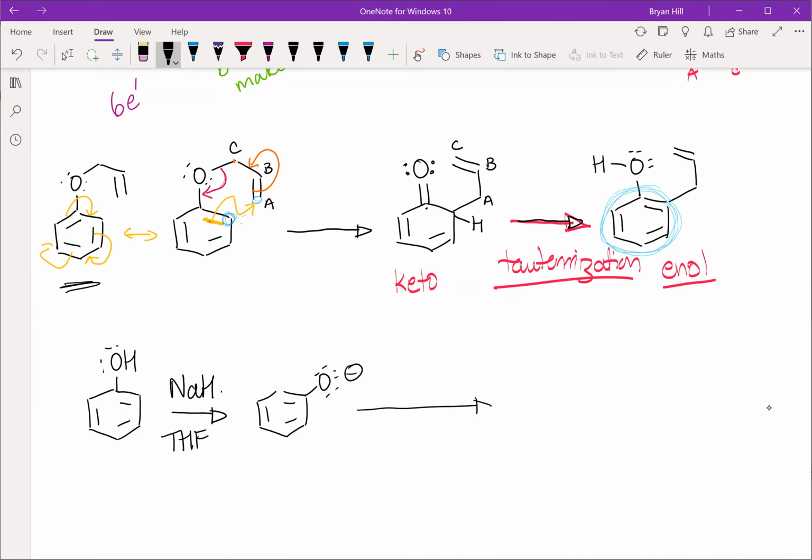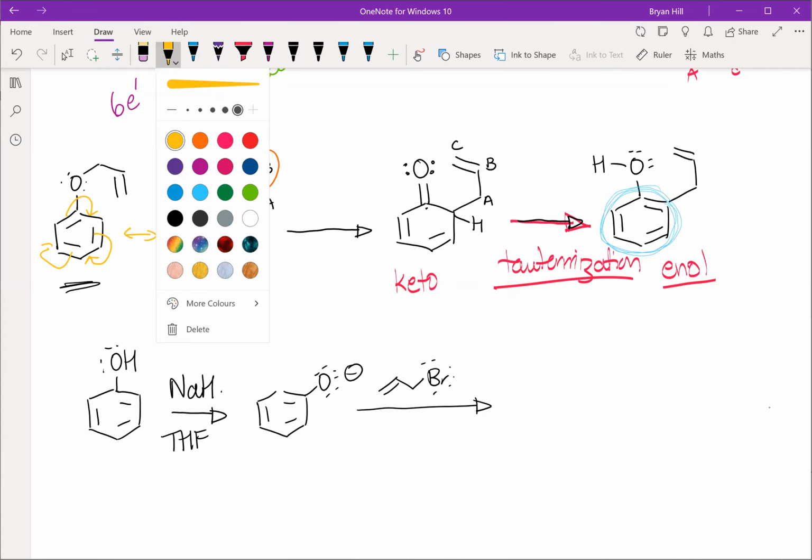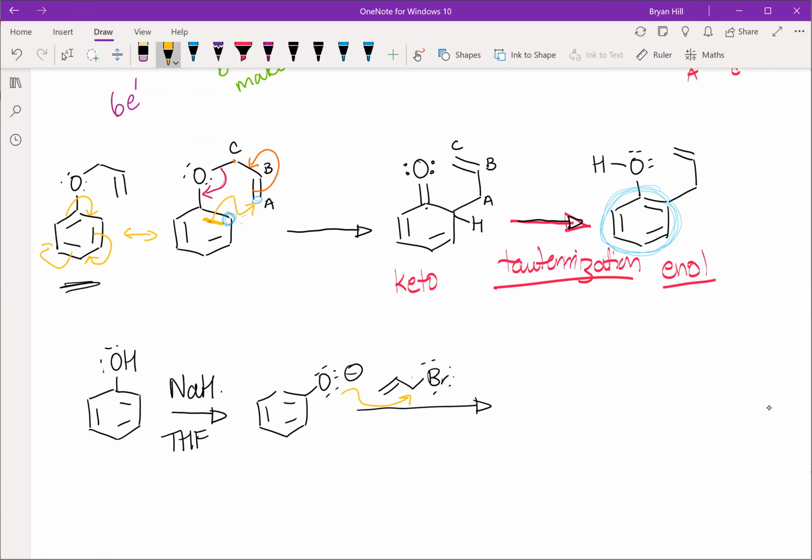Then you can throw in your allyl bromide. This will be an SN2 reaction. And voila, you have your allyl ether. And then this is basically ready to go for your Claisen rearrangement.